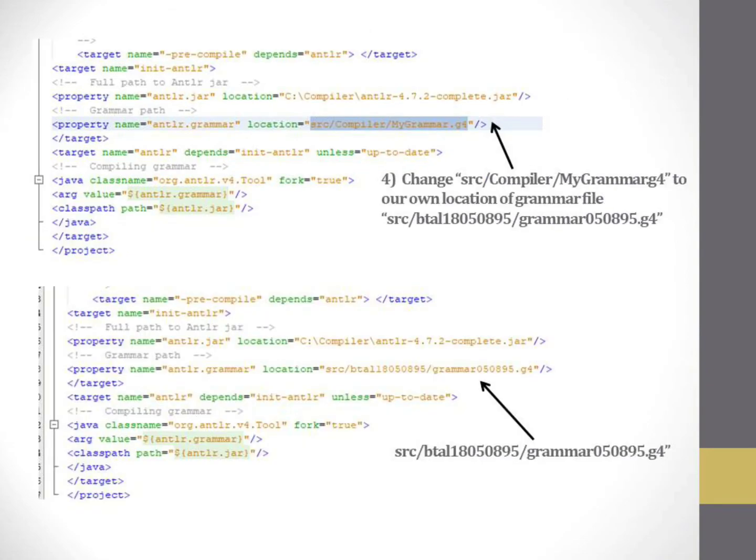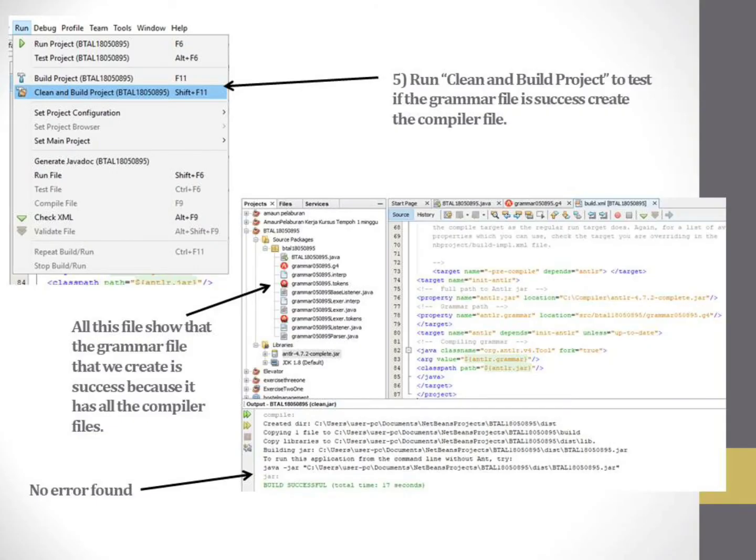Next, change src compiler mygrammar.g4 to our own location of the grammar file, which is src/btal180500895/grammar050875.g4.